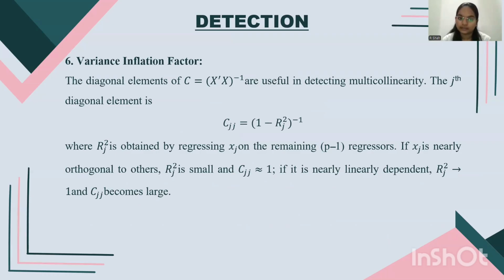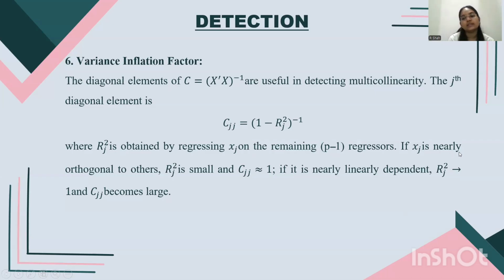Variance inflation factor (VIF), the most used method of detection of multicollinearity. The diagonal elements of C equals (X'X) inverse are useful in detecting multicollinearity. The jth diagonal element Cjj equals (1 minus Rj square) inverse, where Rj square is obtained by regressing xj on the remaining regressors.